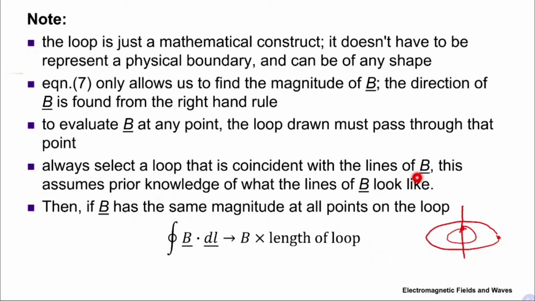So you have to have prior knowledge of how the magnetic flux looks before you can apply Ampere's law. For example, for a long current wire, we know that the magnetic flux is going round this wire. If you choose the loop to coincide with the magnetic flux line, then you make the integration a lot simpler.